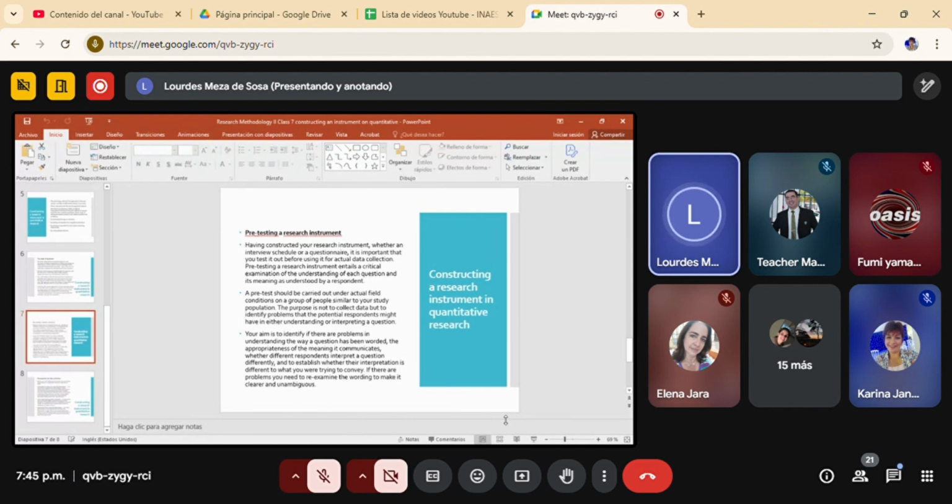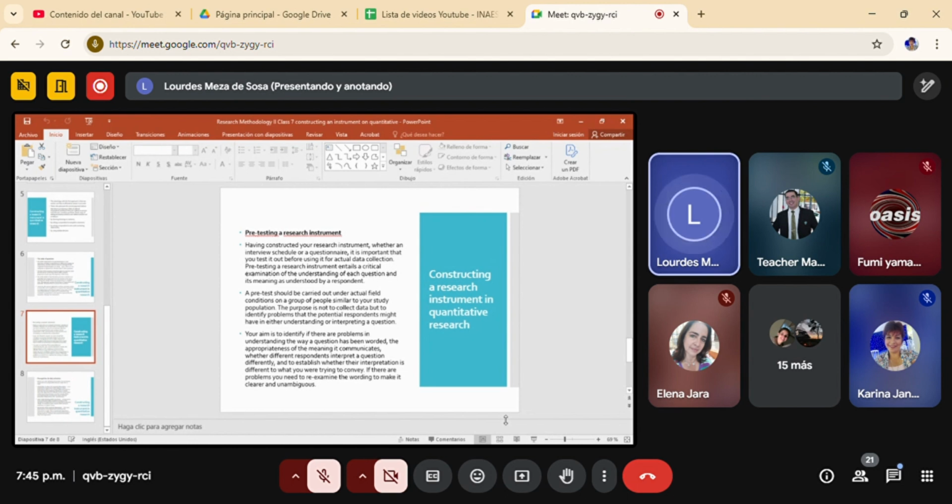He does the test, he answers the questions and says, okay, these questions are well constructed, they are well done, they are coherent, they are progressively arranged, they are actually providing the answers to whatever you want to do. So that's pre-testing a research instrument.